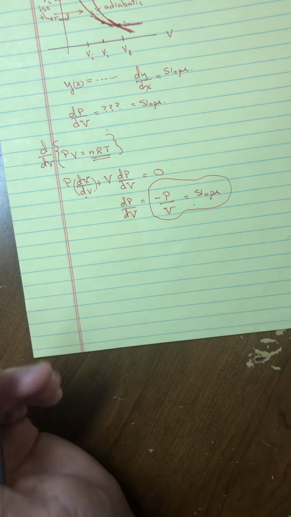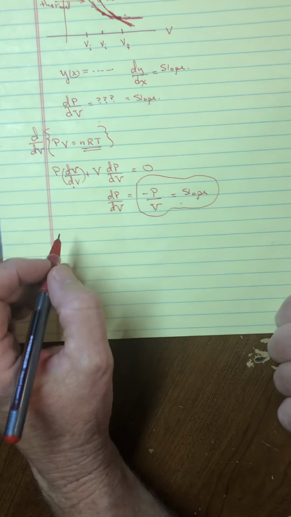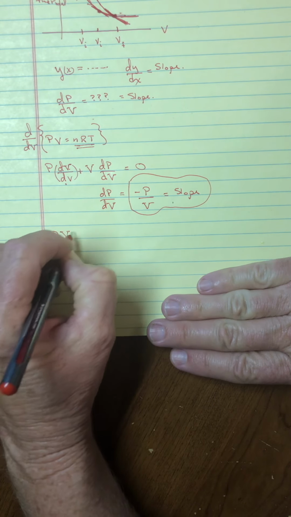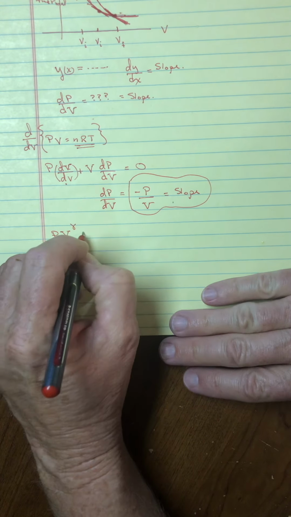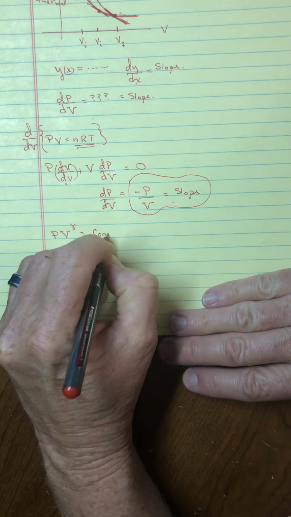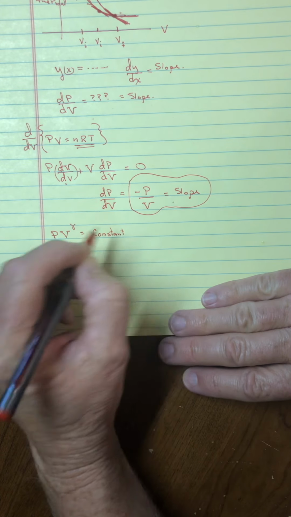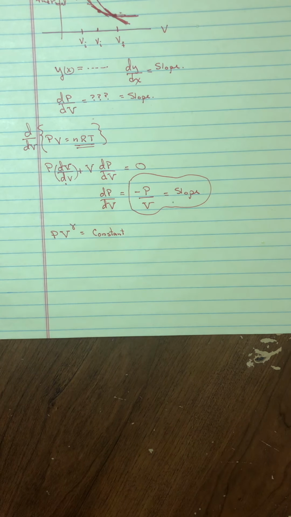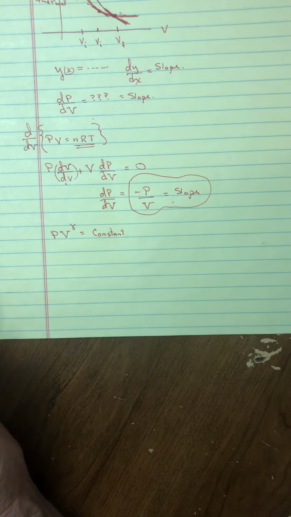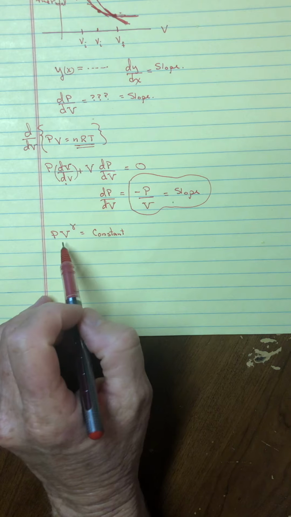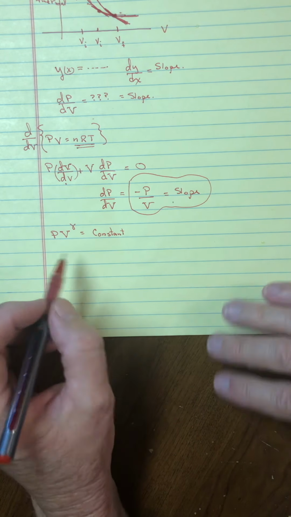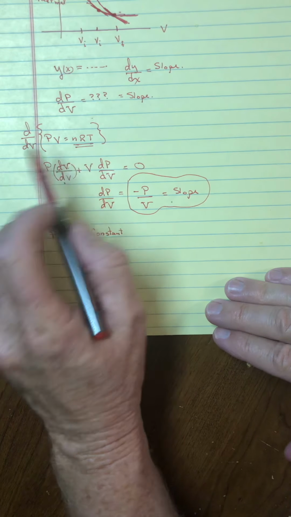Now, an adiabatic is a little different function. The adiabatic is pressure times volume raised to a power of gamma is equal to some constant value. Now, that constant value would depend on the number of moles and some other factors. But the point is that we have as much as we need right here because we have the relationship of how pressure and volume change. And it's a little different than the isotherm.